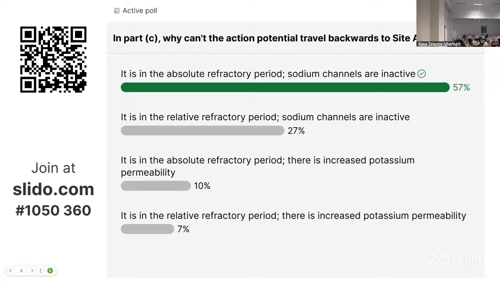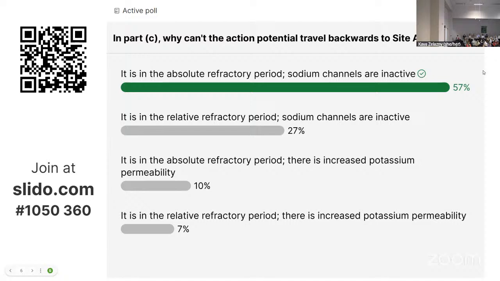The reason for this directionality, for the fact that we just send that action potential down in one direction, is because the sites closer in towards the cell body are in a state where they physically cannot be activated again. It's just not possible, right? There's no way to re-trigger that patch of membrane that just sent you the signal, right?